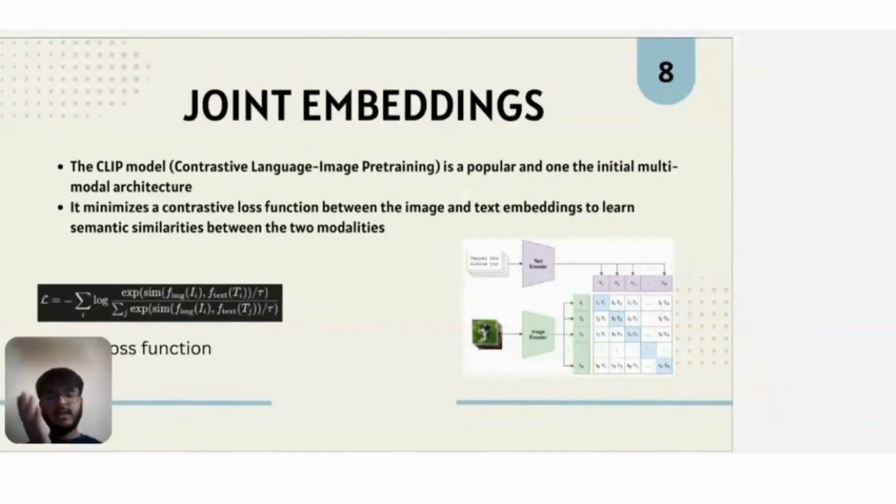So the values on the diagonal are meant to be high, and that is what we optimize while training, because the image and the text correspond with each other in terms of semantic similarities, and the rest of the values are trained accordingly to capture semantic similarities and relations in terms of values which can be understood by the neural network model and architecture to work with more tasks downstream.